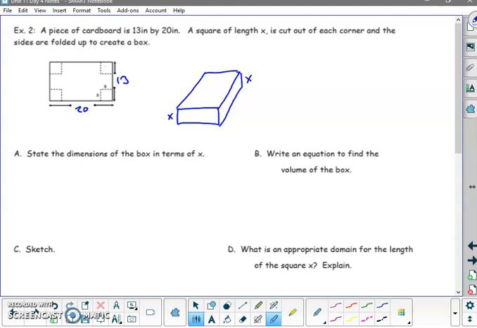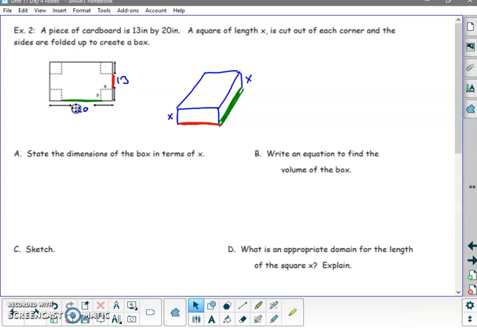So it says state the dimensions of the box in terms of x. If you think about it, this edge of the box right here is this length right there. Now that's not 13. The whole width is 13. This edge of the box right there is that length.